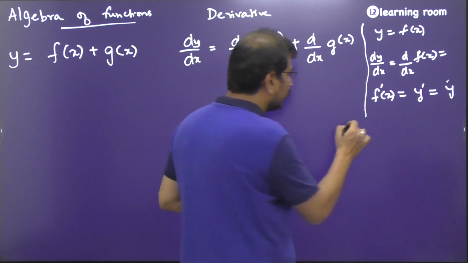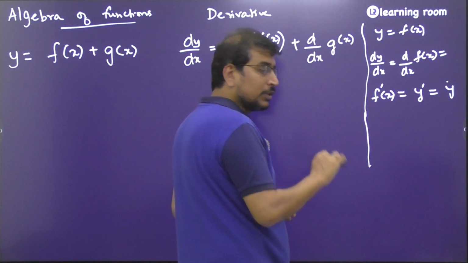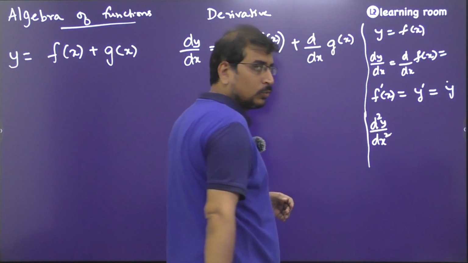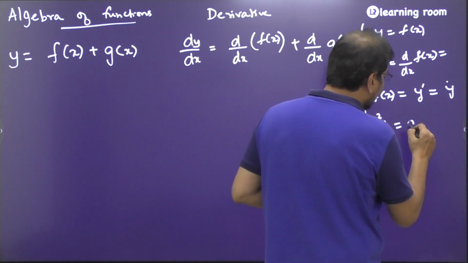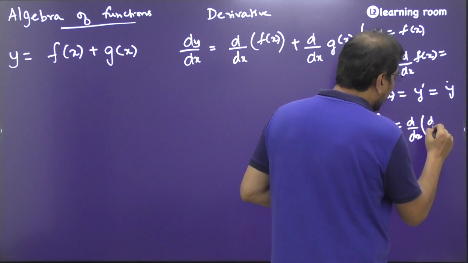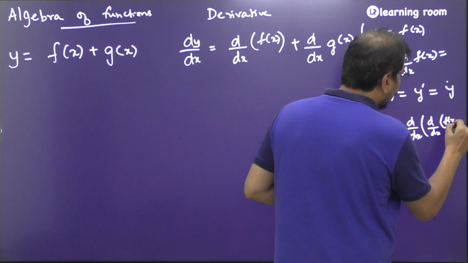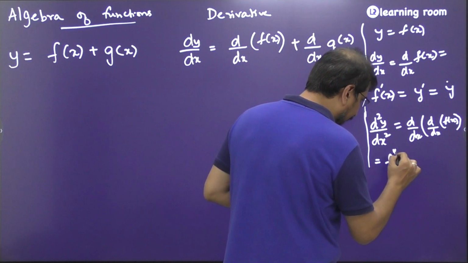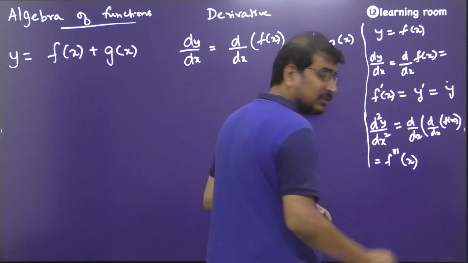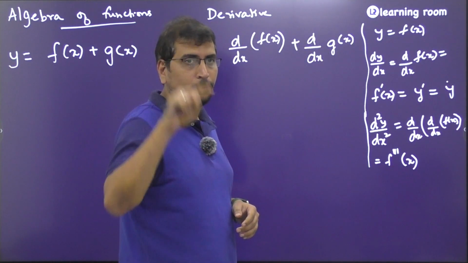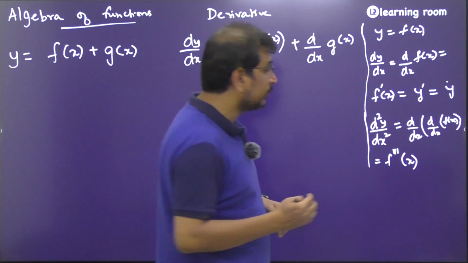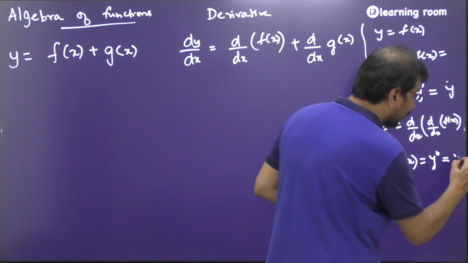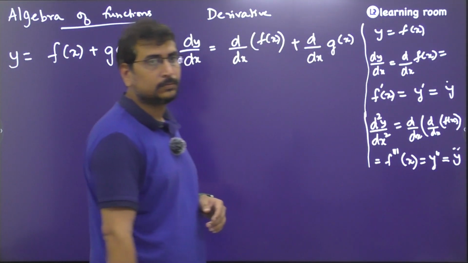Just to extend this concept, if you differentiate the function twice, then you will have something like this: d square y by dx square, which is also written as f double dash of x. Two dashes on top of f represent that you differentiate it twice. Or it can also be written as y double dash, or as y with 2 dots on top of it.